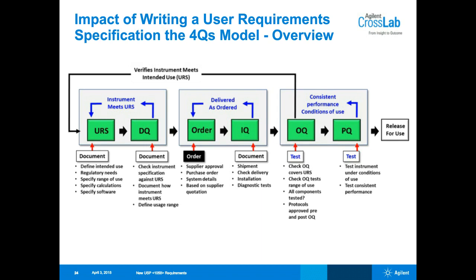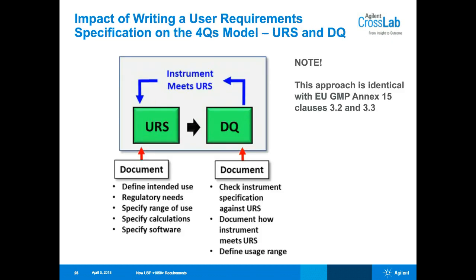The most important part is defining what you want the instrument to do, and then comparing it with instruments on offer to select the best one based on performance, cost, and your knowledge of the supplier. That's what it says in USP 1058.